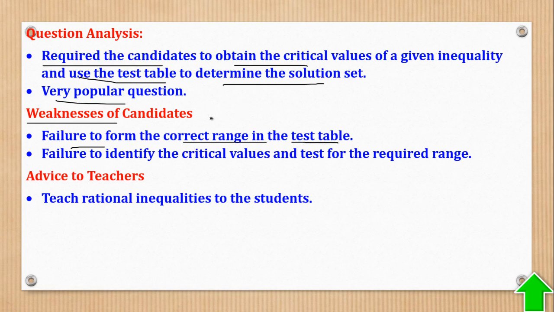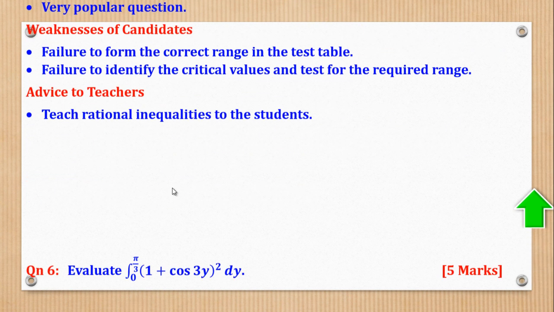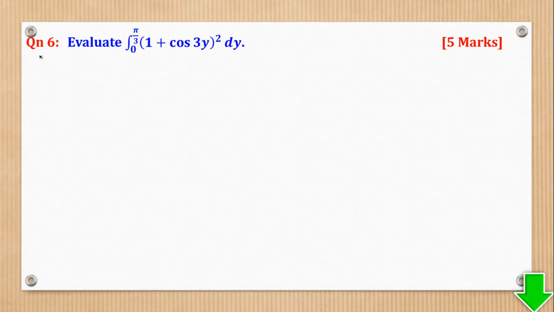So critical values should be arranged in ascending order. That's when you can get the correct range. Then failure to identify the critical values and test for the correct range. So critical values are got by equating each bracket to 0 and getting the value of x. Teach rational inequalities to the students. I think you already taught. So now we shall go to question 6.